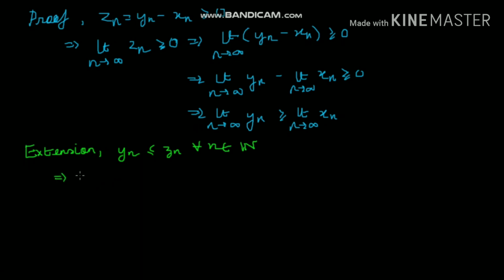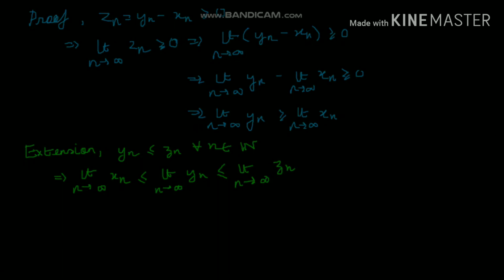Then we can write that limit as n tends to infinity of x of n is less than or equal to limit as n tends to infinity of y of n, and which is again by using theorem number 4 on y of n and z of n, less than or equal to limit as n tends to infinity of z of n. So again, this is a very effective way of showing some inequalities.